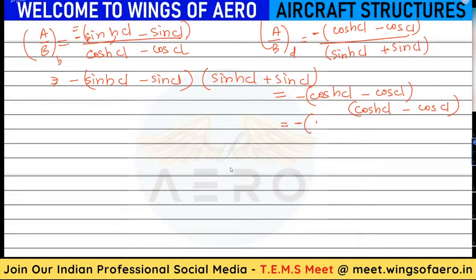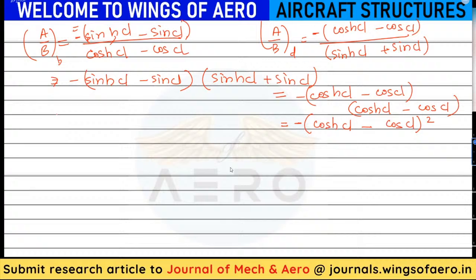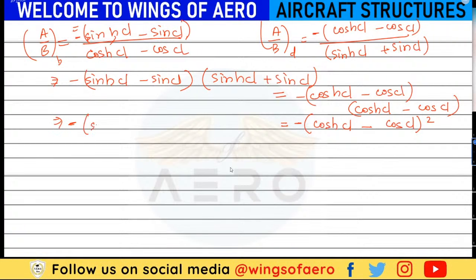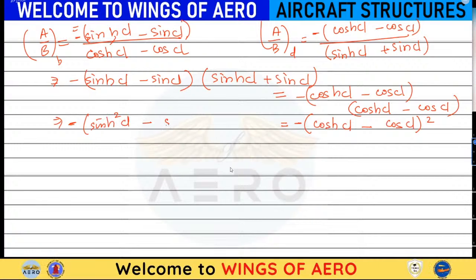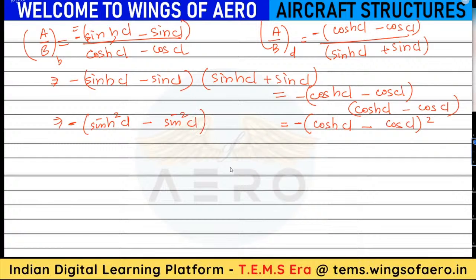Okay. So we'll have cosh CL minus. We'll proceed and let's see. And here we'll have, so this is minus. So we can write sinh square CL minus sin square CL. Can we write like that? Okay.